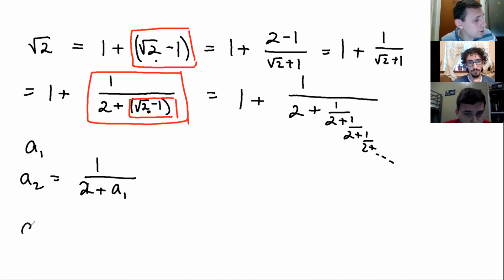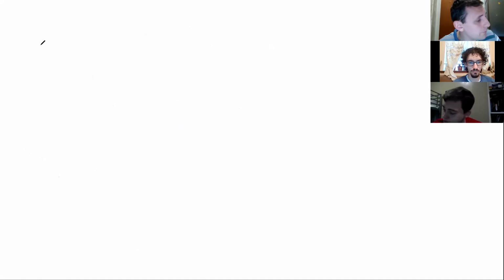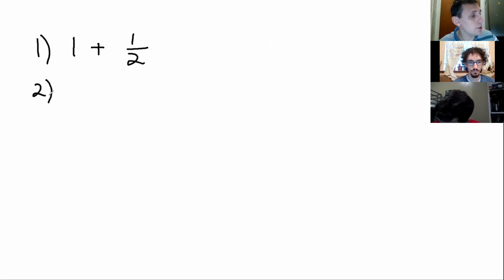And in general, AN will be 1 over 2 plus AN minus 1. So this is what I just established. Look at it carefully. So that means that my first approximation is 1 plus 1/2, which is approximately 1.5.